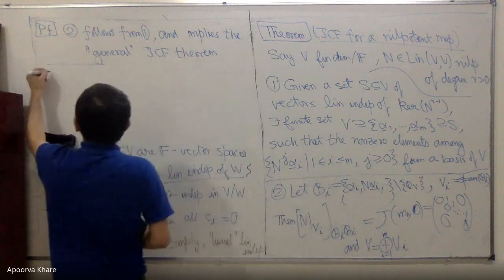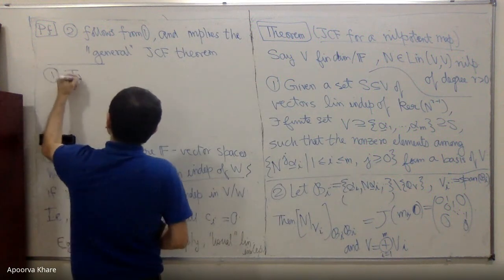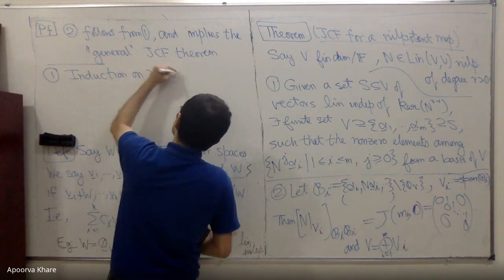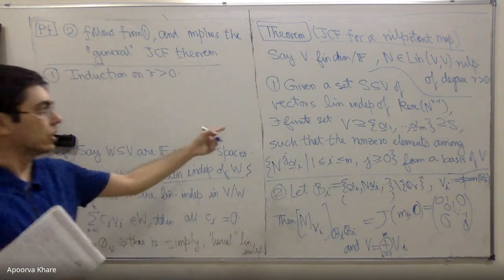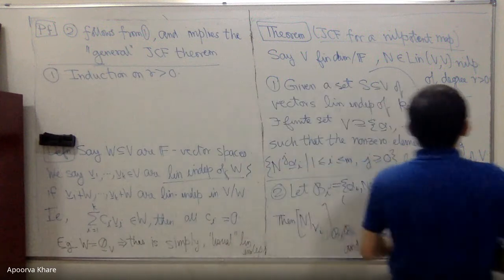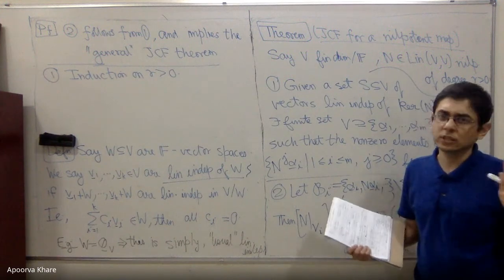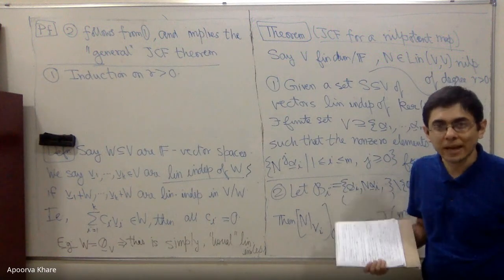So for 1 now, the proof is by induction on the nilpotence degree. Okay, so yeah. If R equals 1, then n to the 1 is 0, and n to the 0 is identity. But that means n is the 0 map.